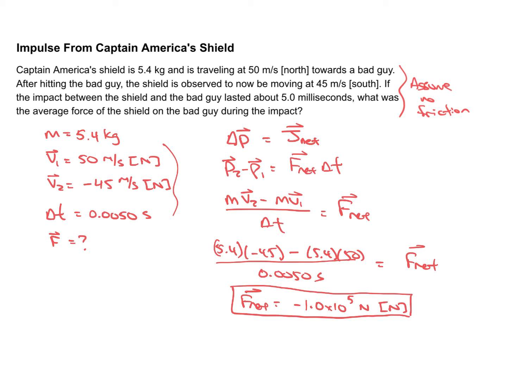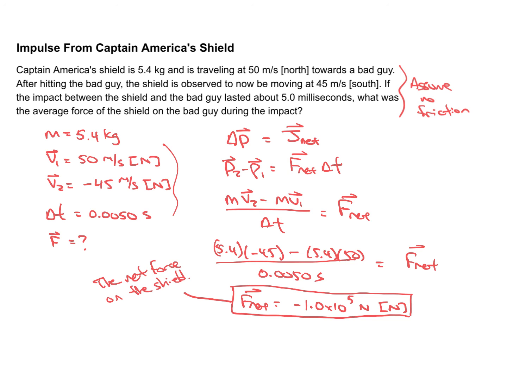Actually, a correction here. This net force we calculated, this was calculated for the shield. So this is actually the net force on the shield. That's what the bad guy did to the shield, actually. So what did the shield do to the bad guy? We go to Newton's third law.